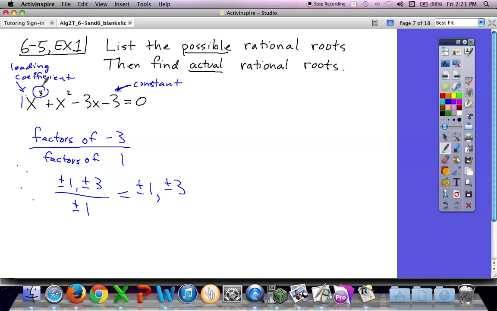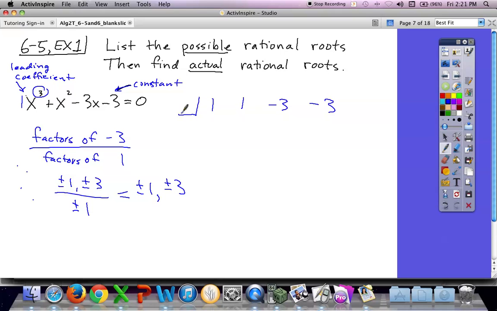Okay. Now, normally the way you would deal with that, especially if you only have 4 to deal with, is you would do synthetic division, see when you get a remainder of 0. So I could take this list here and go 1, 1, -3, -3, and then just start trying your possible rational zeros.